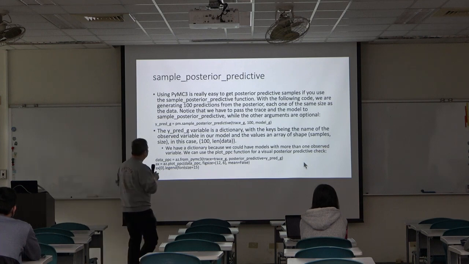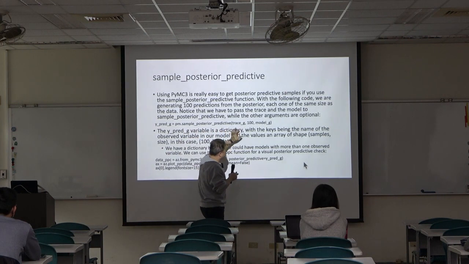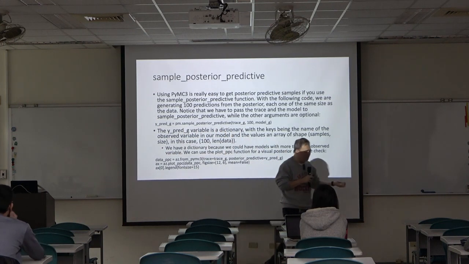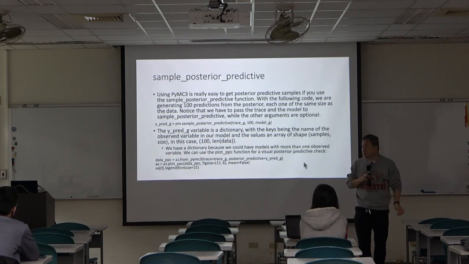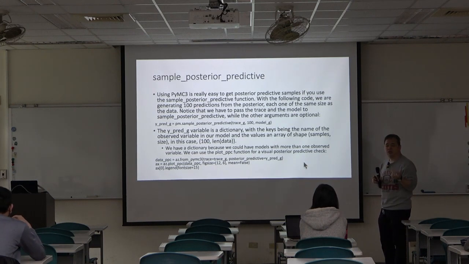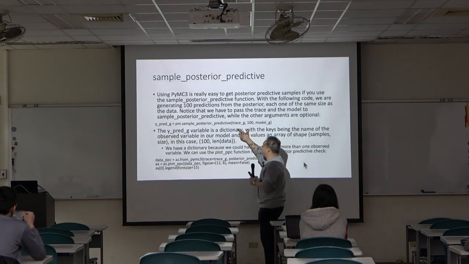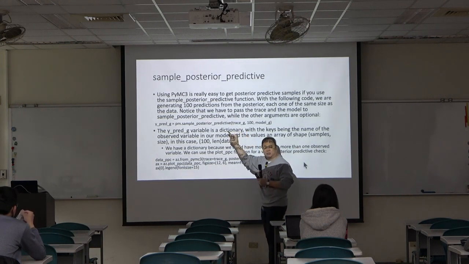That's this one, sample posterior predictive. Remember the process of the posterior predictive check: you need two things to generate the data. The first thing is the trace. This trace represents the posterior.